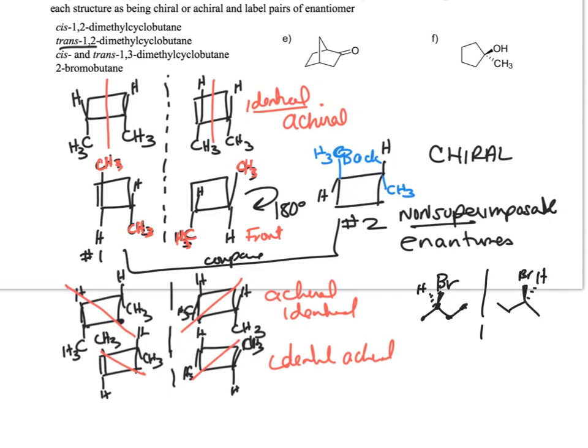To draw mirror images, and then you would rotate this mirror image, and when you rotate it, this is on one side and now it's on the other side. So let's make sure I draw this.